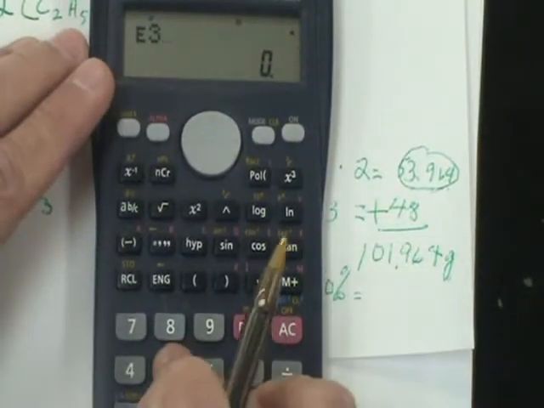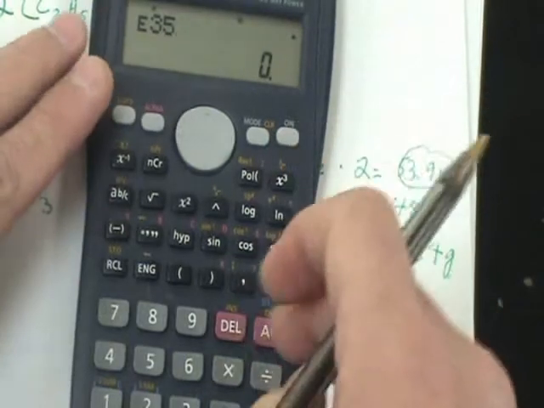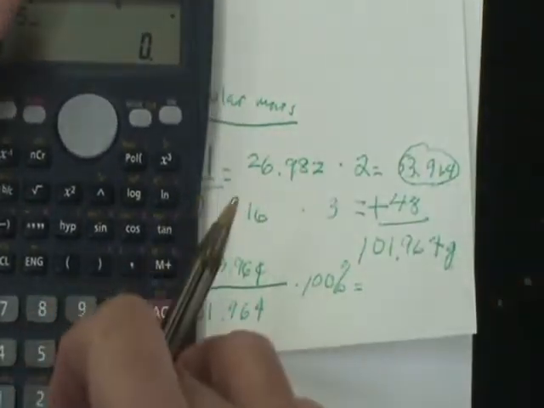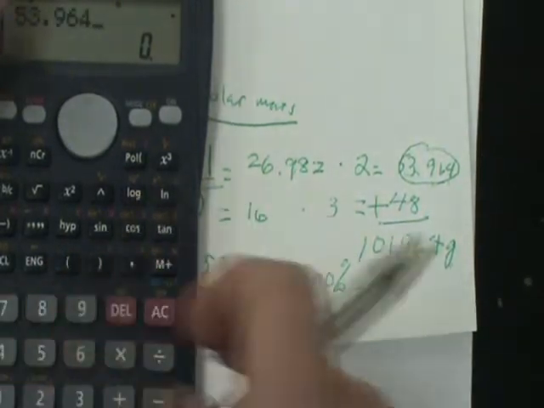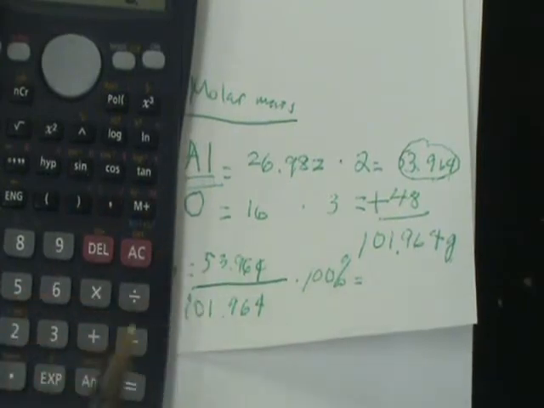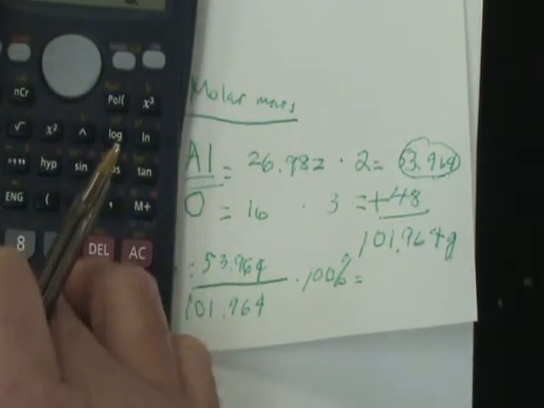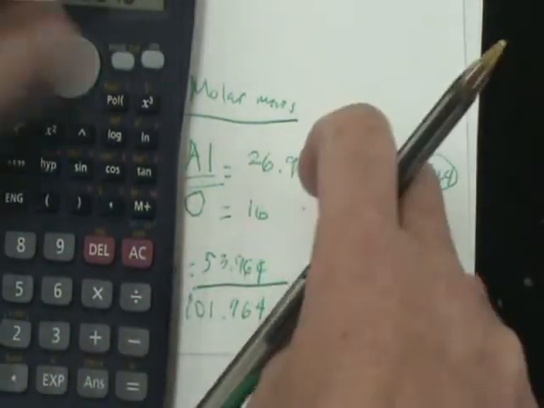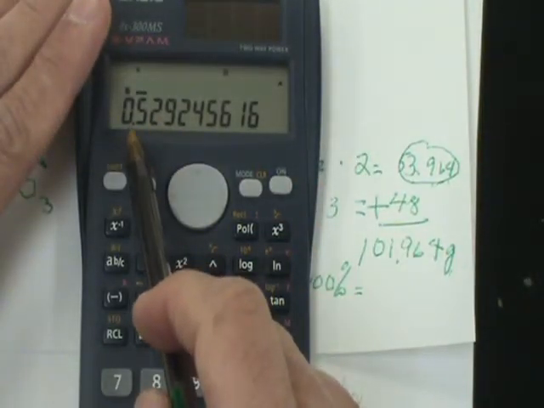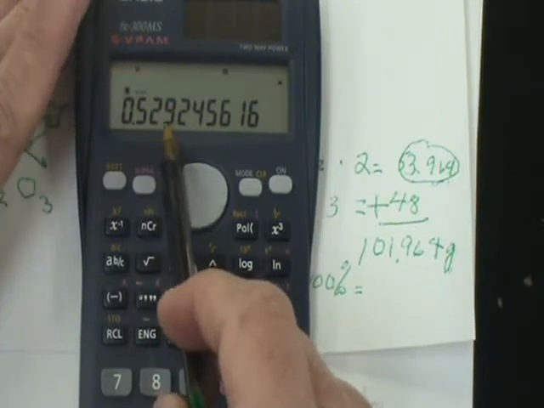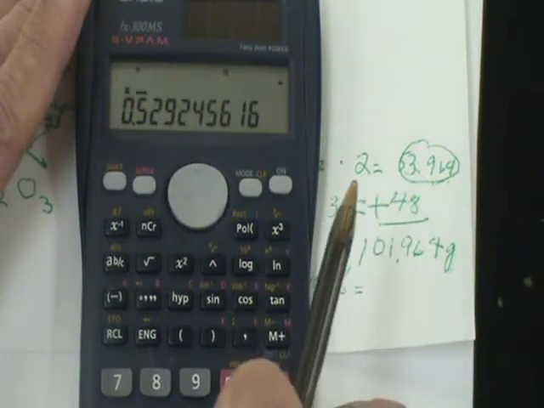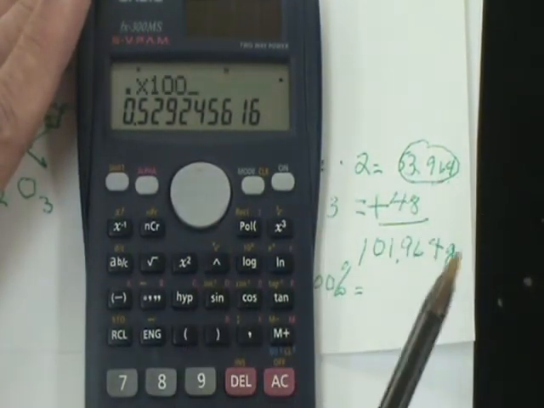So here we go. We just plug it in. We've got 53.964 divided by 101.964. That's 0.529, and you have this whole long string of numbers. We multiply that by 100.